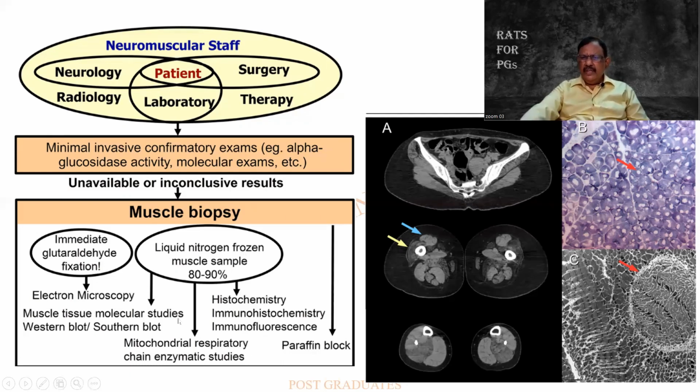As I had been mentioning in another class also, the MRI will be able to tell us the distribution, the size, and the nature of it. The electron microscopy shows some kind of a degeneration towards the center. And this is again a slide showing central pallor over here, which we call targetoid lesions. Targetoid lesions are common in muscular dystrophies.